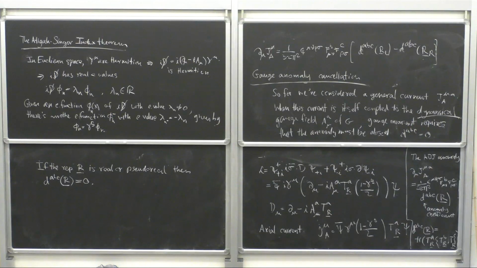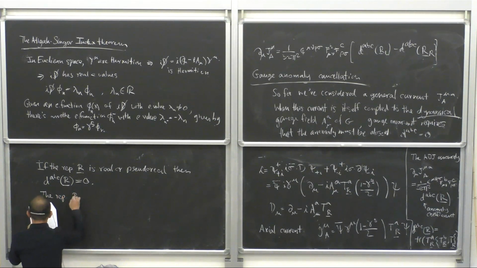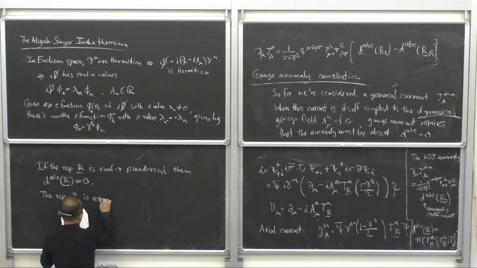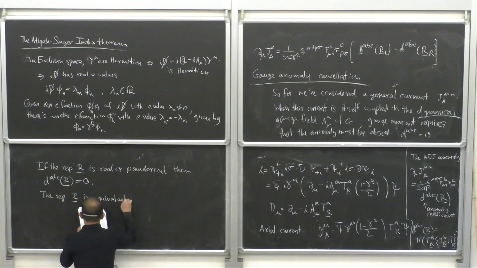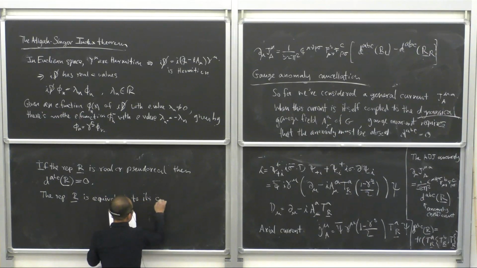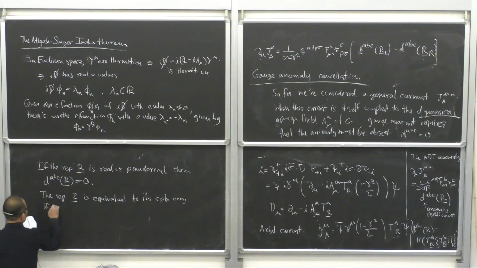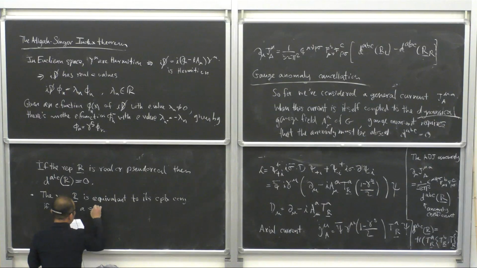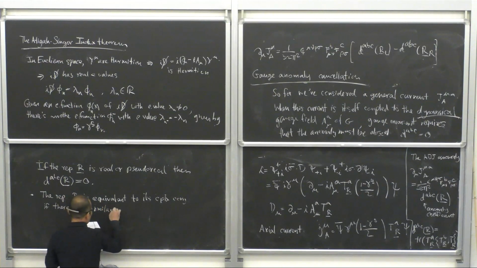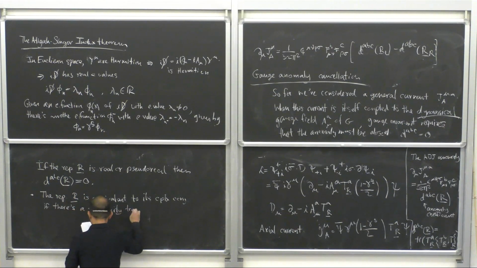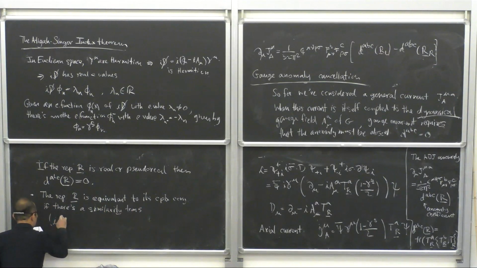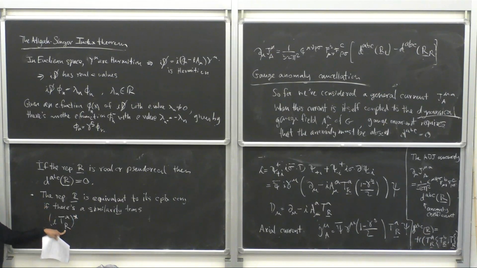Okay, so let me do it. The representation R is equivalent to its complex conjugate if there is a similarity transformation such that it relates to −T^A* of R. This is what you mean by the conjugate of the representation.